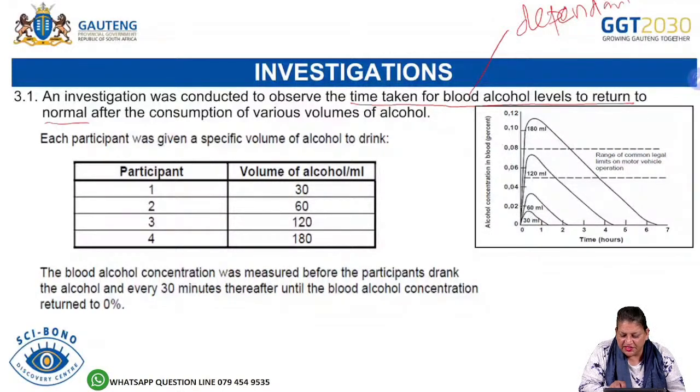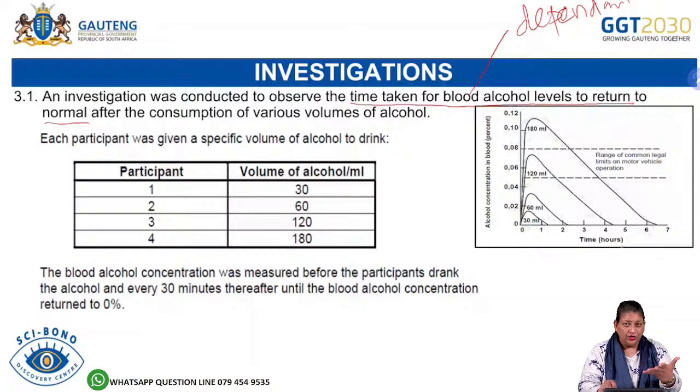When it was 60 ml, it took maybe 2 hours and 15 minutes. When it was 120 ml, it took maybe 4 hours 20 minutes. But when they gave 180 ml of alcohol, it took almost 6.5 hours to go back to normal.